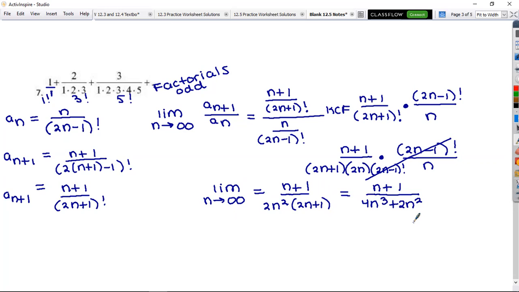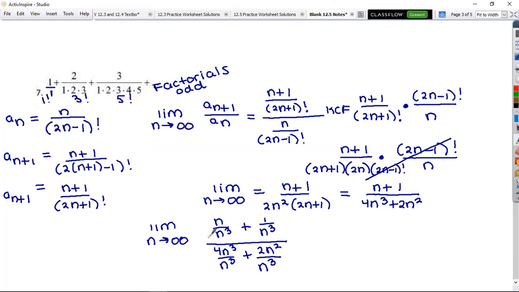I'm going to divide every single term by n to the third now. So again, the limit as n approaches infinity, we're going to go n over n cubed plus 1 over n cubed, and if you can shortcut this, that's fine too, over 4n cubed divided by n cubed, and then 2n squared divided by n cubed.